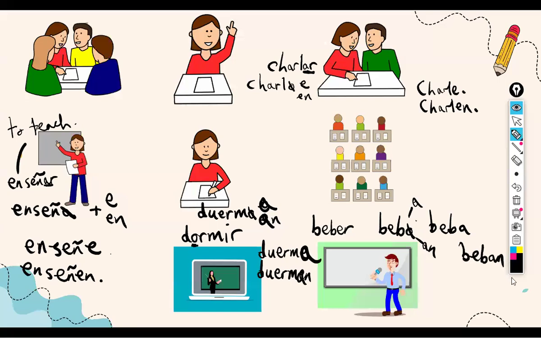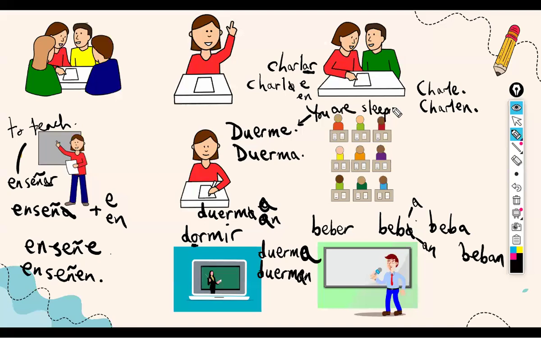Now, what's the difference if I make that mistake, right? That I did just now and I put on the wrong ending. What am I saying to the person? If I tell you duerme versus duerma. Here I am saying, if it's usted, it could be he is sleeping, she is sleeping, it is sleeping, usted is sleeping, right? So let's go with usted. So you are sleeping. That's a statement.